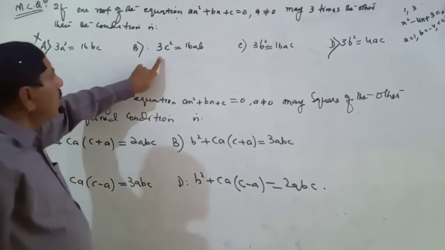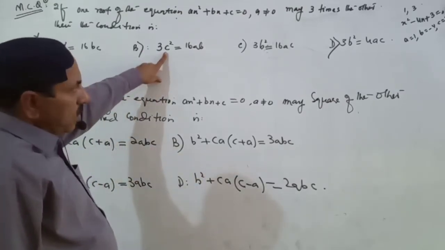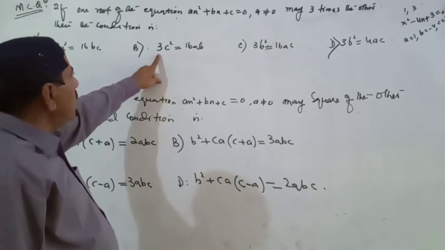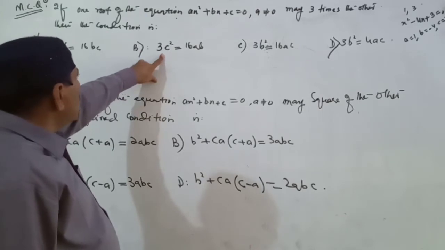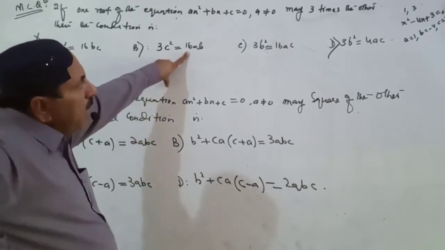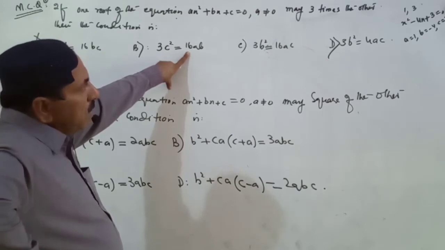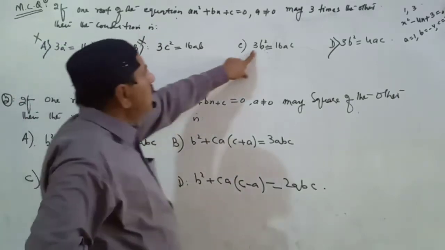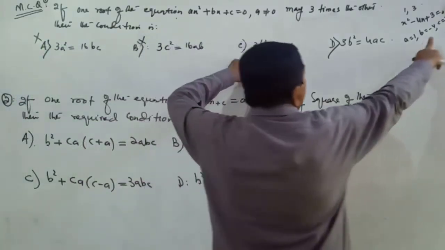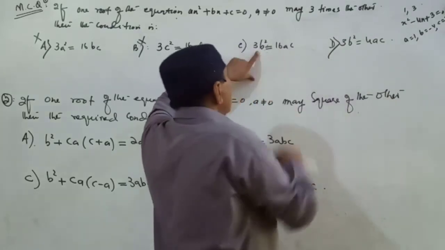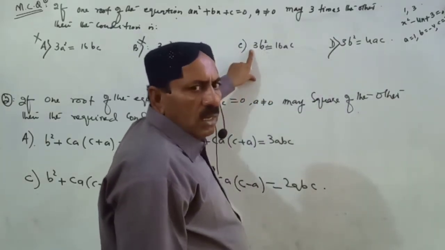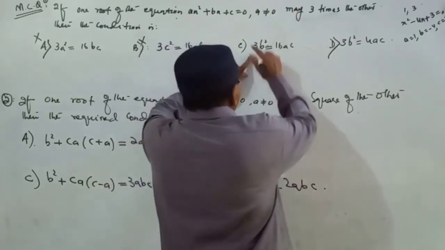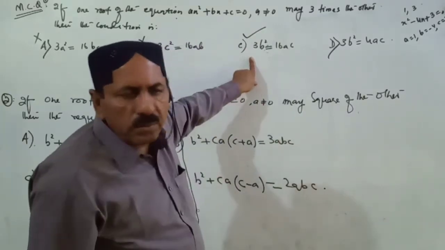Next, 3c square means 3 into 3 square, 9 times 3 is 27, and 16 into a into b is minus 64; 27 cannot be equal to minus 64. This is also wrong. 3b square means 3 into minus 4 square, minus 4 square is 16, 16 times 3 is 48, equal to 16 into 1 into 3. 48 is equal to 48. So this condition is correct.